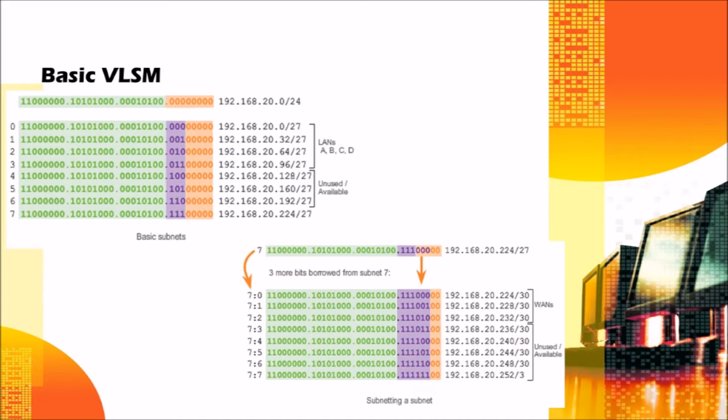Since we want 2 usable host addresses, 2 bits will remain from the original 5 host bits, and the other 3 will be borrowed to create subnets, from which 3 will be taken for the WAN addresses and the other 5 will remain available. After doing this, the LAN addresses will remain the same, using 27 bits for the subnet mask, and the WANs will end up using 30 bits.